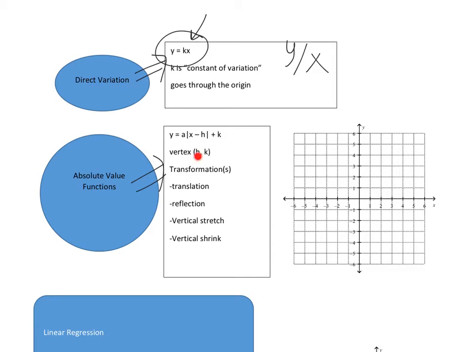The vertex of this is at (h, k), and we also talked about the transformations that a function can go through, and we use the acronym RTV. R stands for reflection: what type of reflection do we have? We're reflecting over the x-axis when this is negative.